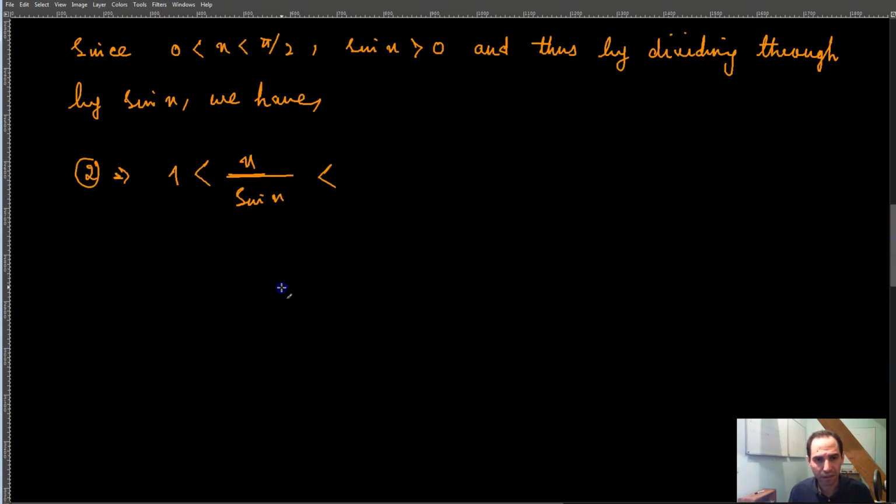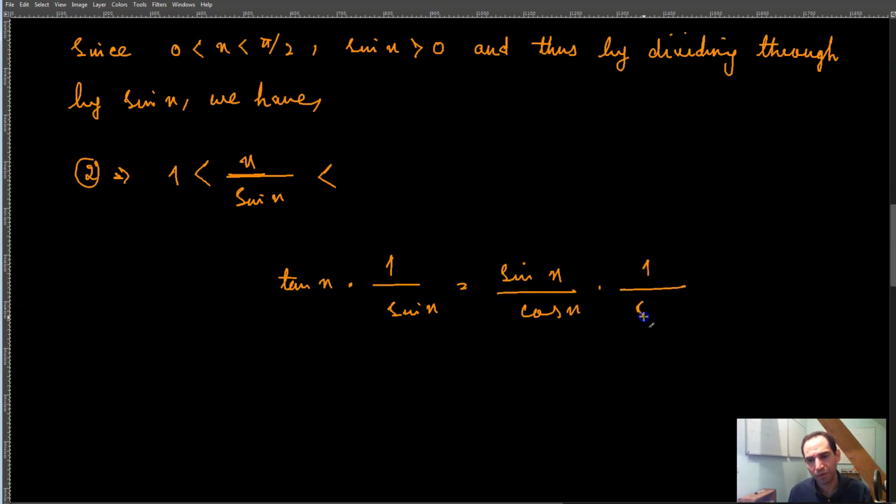Tan x divided by sine x is tan x times 1 by sine x, which is equal to sine x by cos x times 1 divided by sine x, and that is 1 divided by cos x.